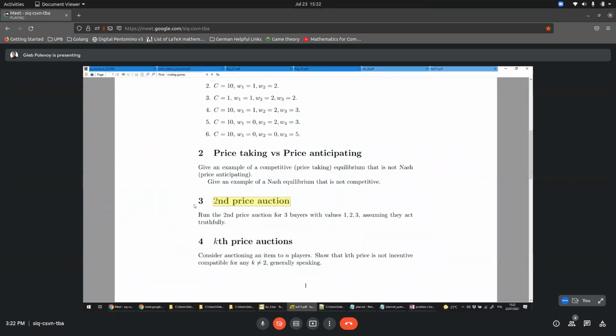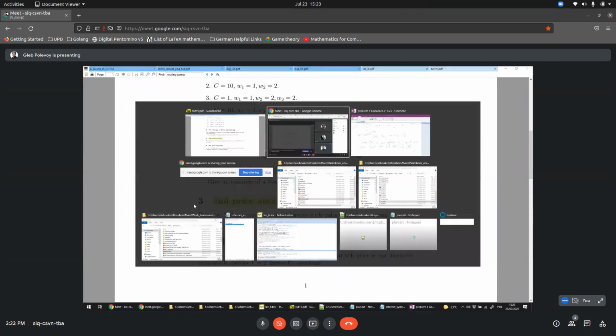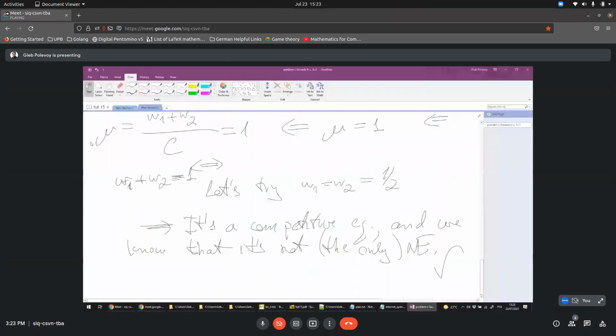So you have 3 buyers with values. Their values are 1, 2, and 3. So assume they act truthfully. So who is going to bid what? Player 1 would bid 1, 2 would bid 2, and 3 would bid 3. Right. So let's just write it down.